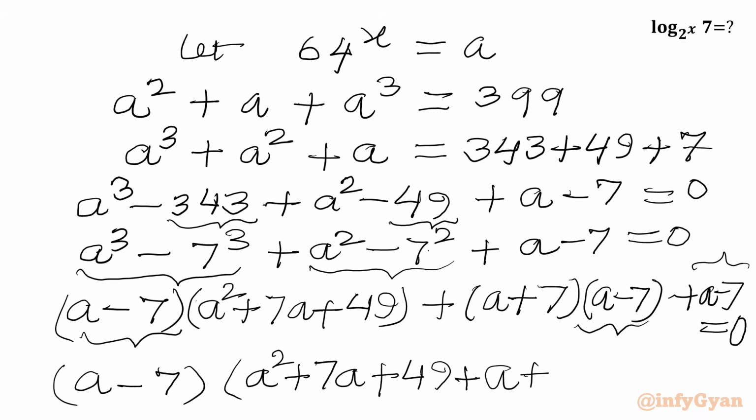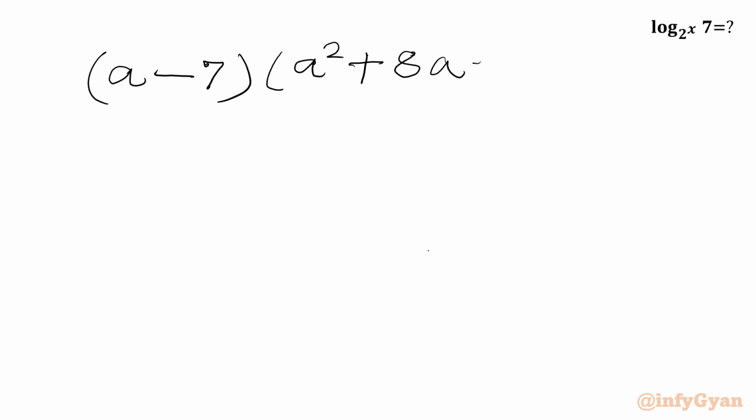plus 7 plus 1 equal to 0, which will give us a square plus 8a plus 57. Let me write here a minus 7 times a square plus 8a plus 57 equal to 0.